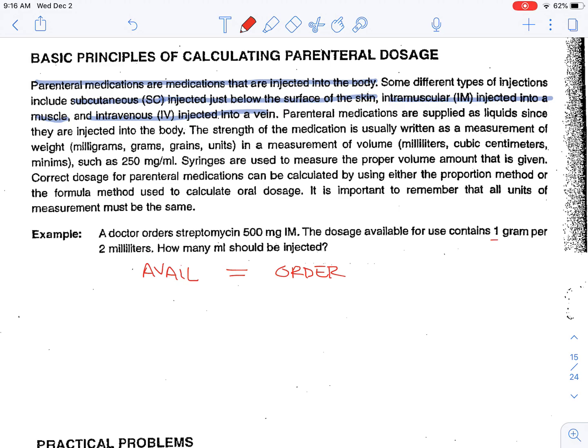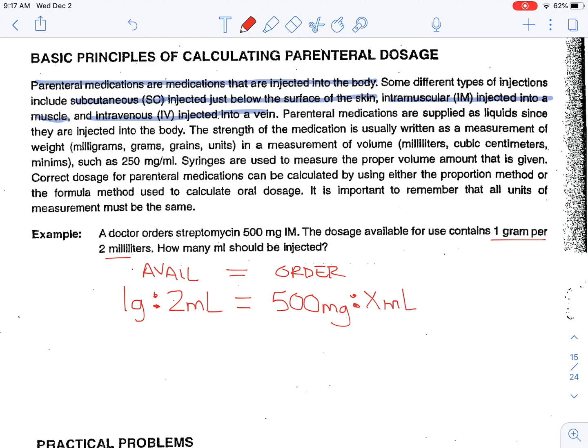It is available as 1 gram per 2 milliliters. So let's go ahead and write 1 gram for every 2 milliliters. And the doctor orders 500 milligrams, but we don't know how many milliliters that will be.